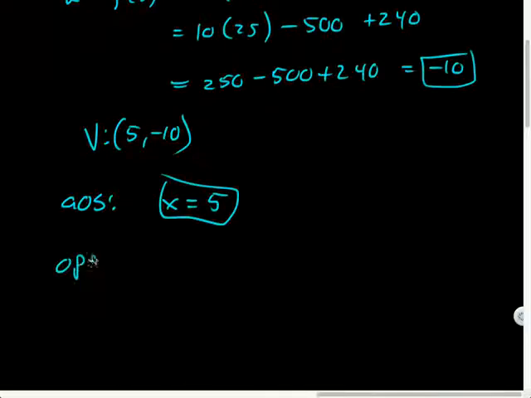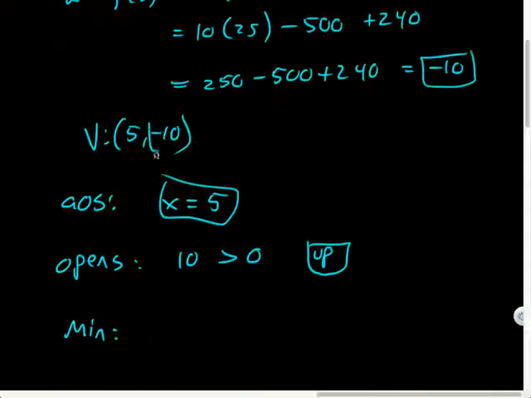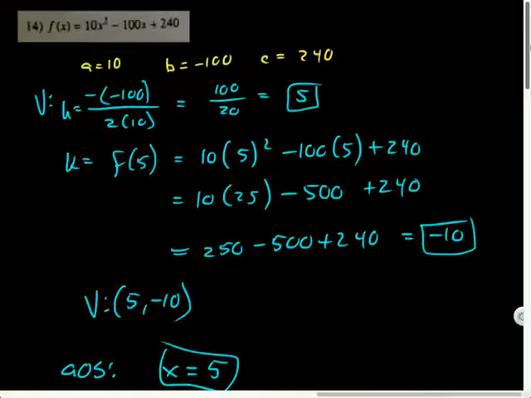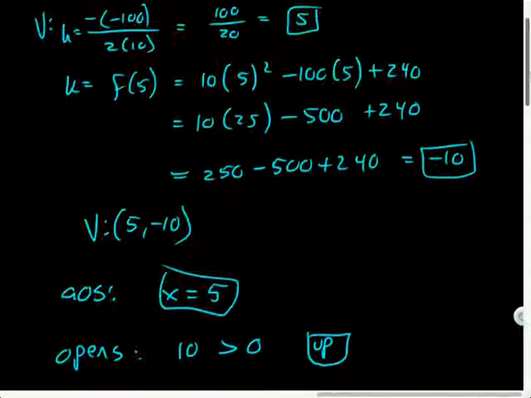Well, it's related to which way it opens. 10 is greater than 0, so it opens up. And if it opens upwards, then it has a minimum value, and the minimum value is going to be k. So that's negative 10. All right? So that's all you had to do for that one. You didn't have to graph it or nothing.